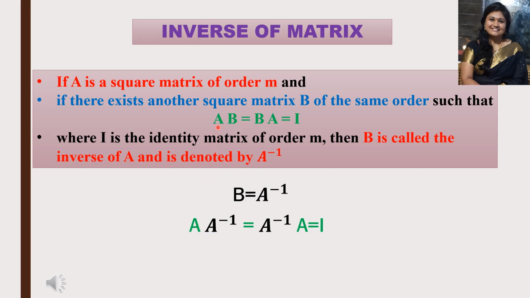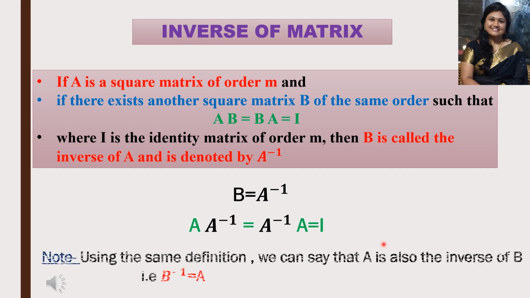A as it is, and B is A inverse, so we put A inverse here, and the same in the other, so A into A inverse is equal to A inverse into A, which is equal to I. This is the most important equation for finding the inverse of a matrix. So you just remember this.